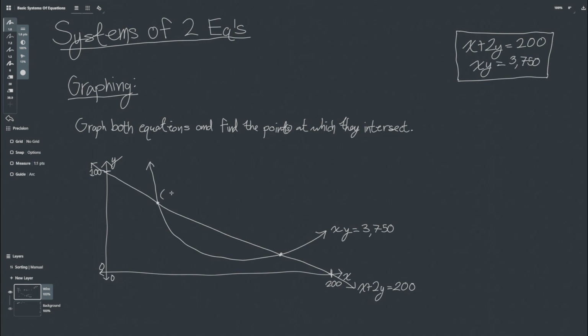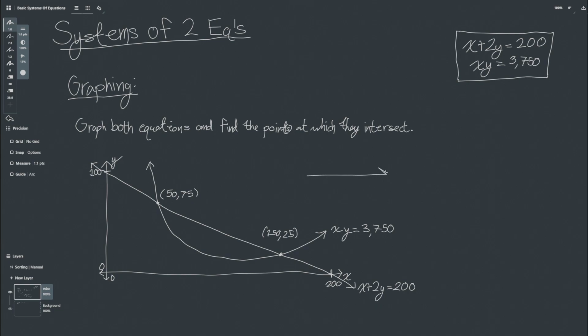This first point is at 50, 75. So an x value of 50 and a y value of 75. And the second point is at the point 150, 25. So an x value of 150 and a y value of 25.